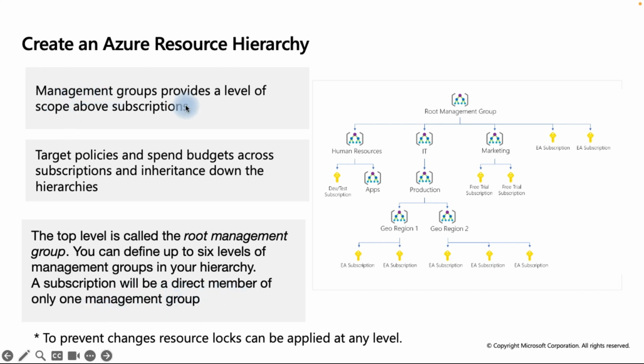Management groups provide a level of scope above subscriptions, and let you target policy and spend budget across subscriptions, with inheritance down the hierarchy. Here you can see the root management group, then different groups such as human resources, IT and marketing, each with a subscription.